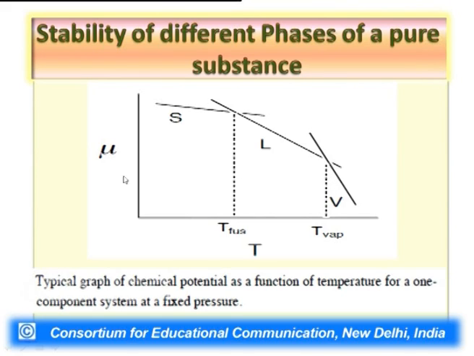Before the melting temperature we have only stability of the solid phase, above the boiling temperature we have only stability of the gas phase, and in between the boiling and melting temperature we have stability of the liquid phase only. Why is this so?